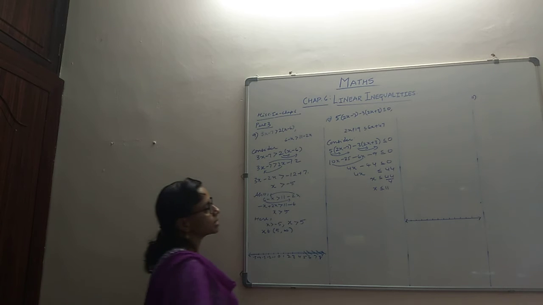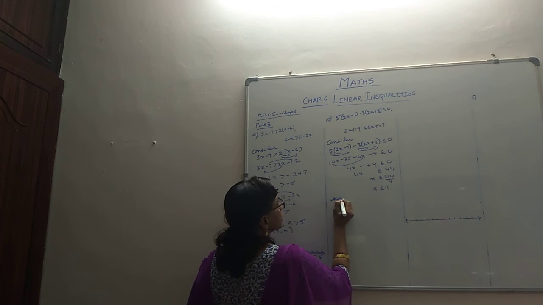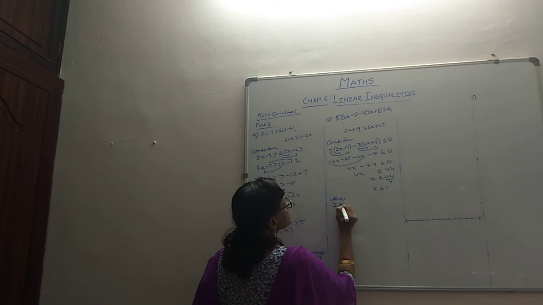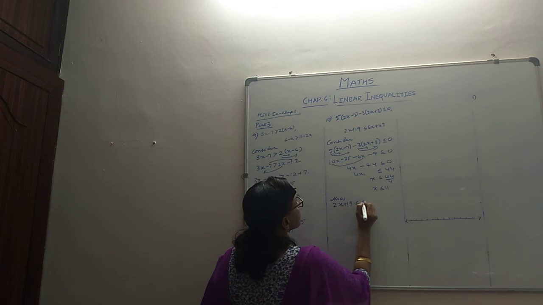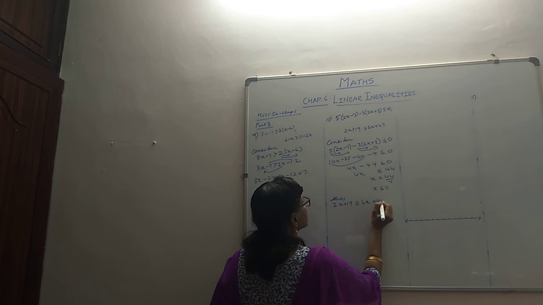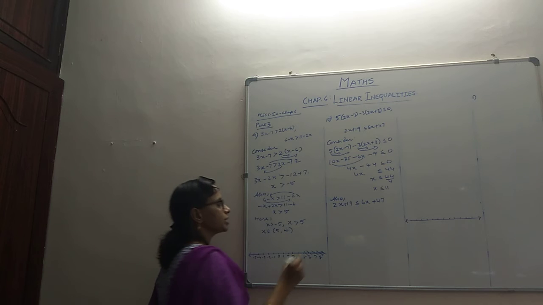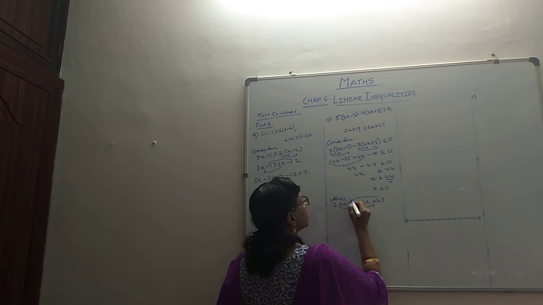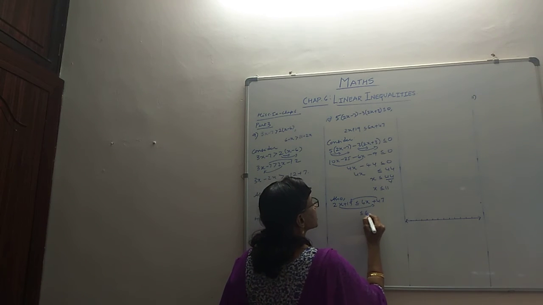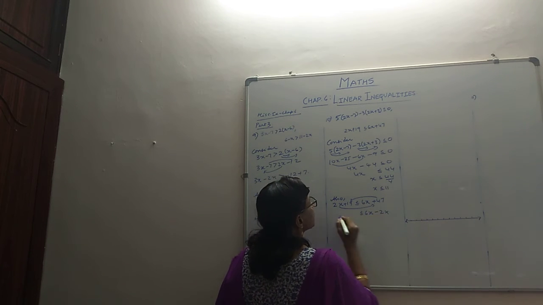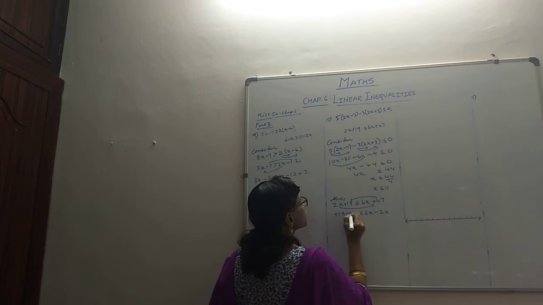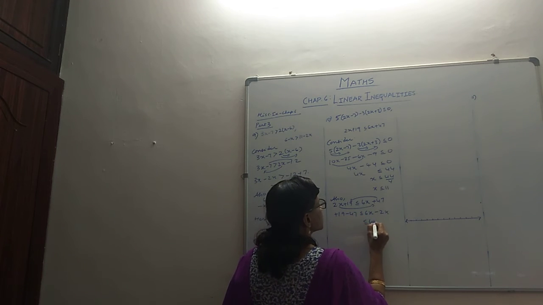Then let's take the part 2 also. 2x plus 19 is less than or equal to 6x plus 47. Let's see how this will go. We'll have the x on one side and you'll have the number on the other side. So you have 6x minus 2x and you have plus 19 minus 47. This is 4x.